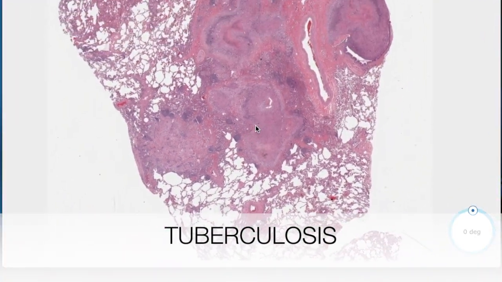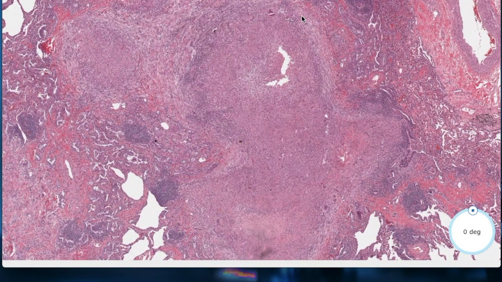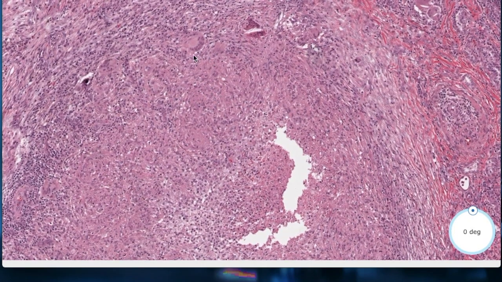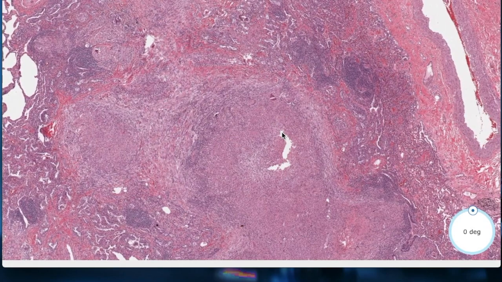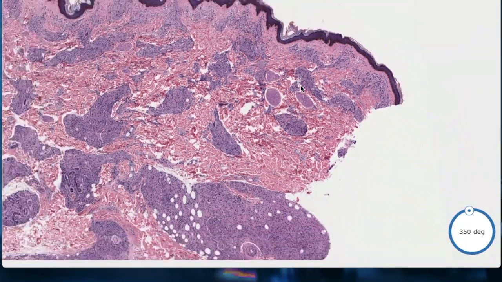So the key features are the necrosis, the granuloma formation that is surrounded by lots of inflammatory cells, and the giant cells. They look like a horseshoe-like pattern, or Langerhans giant cell granuloma. So moving on, we have this example.